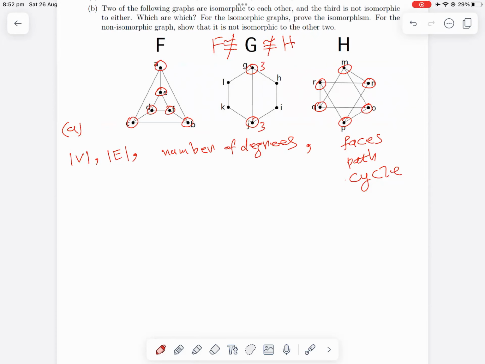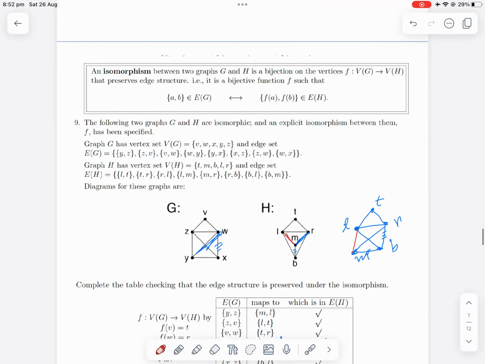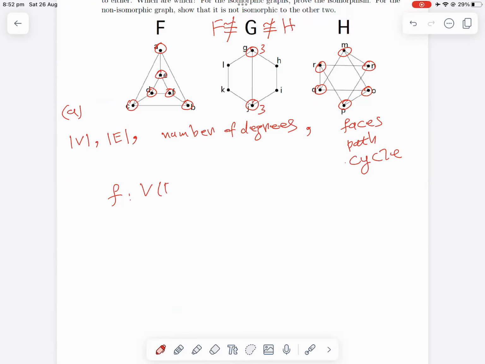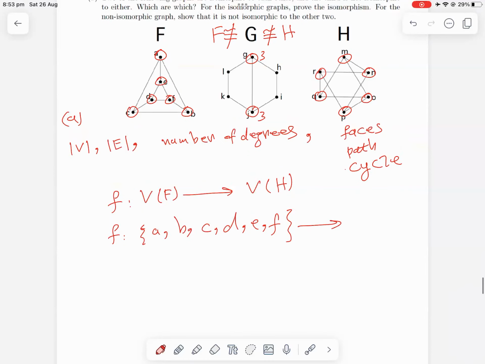Here is this one. So for F, now I want to define the isomorphism like this one. F of VF goes to F of VH, and I have got A, B, C, D, E, F. So it is equal to, so A1 is this one.